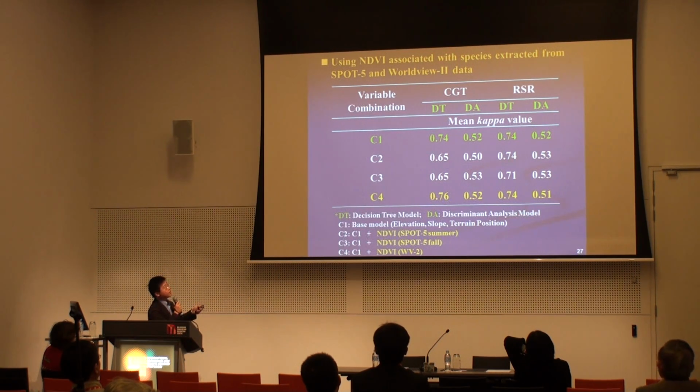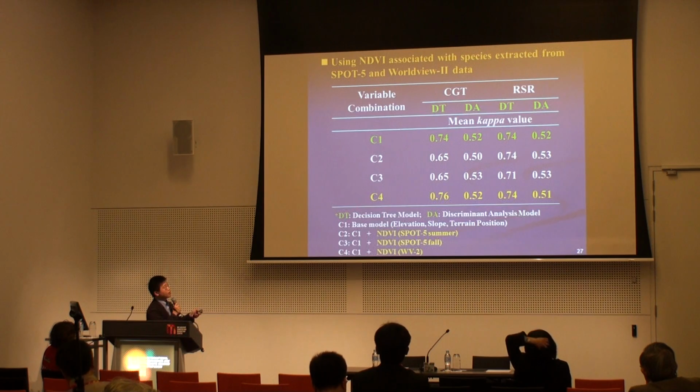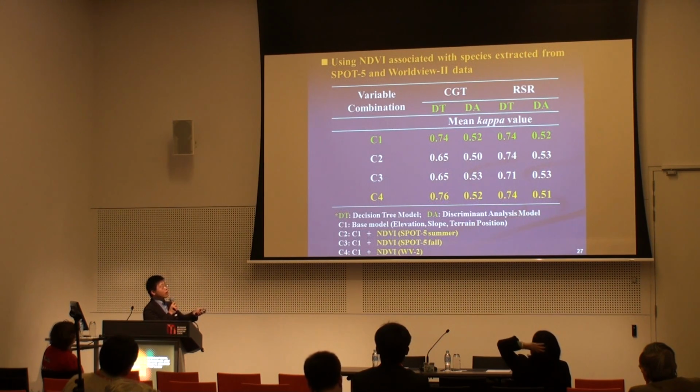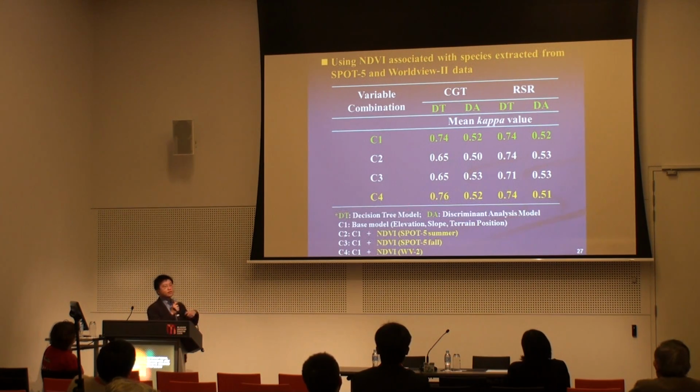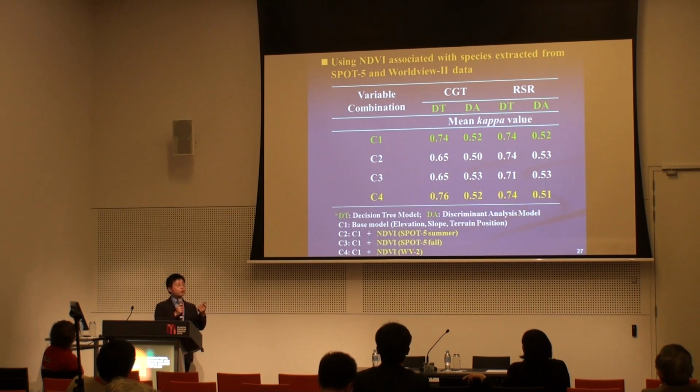It could be clearly seen that C2 and C3 are not good for the widespread species and the RSR species. But when we use the high resolution data to generate NDVI, they tend to improve our model accuracy, but not significantly, since our WorldView 2 image data is still at the primary stage. So it's raw data and cannot predict very well. I guess maybe next time we will test that point to see if it can be improved.